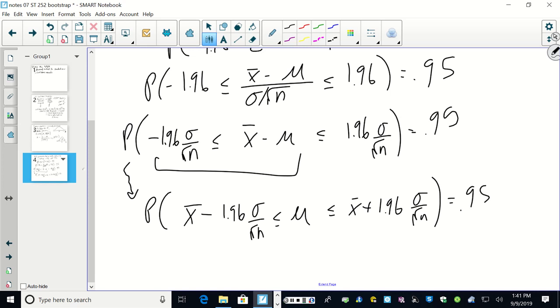We just manipulated symbols inside and ended up with two equations we can mash together, so we end up with our parameter isolated. For now, we're pretending that we know sigma. We get two values that, if you knew sigma, you could compute. We call the interval defined by those values the 95% confidence interval for mu.